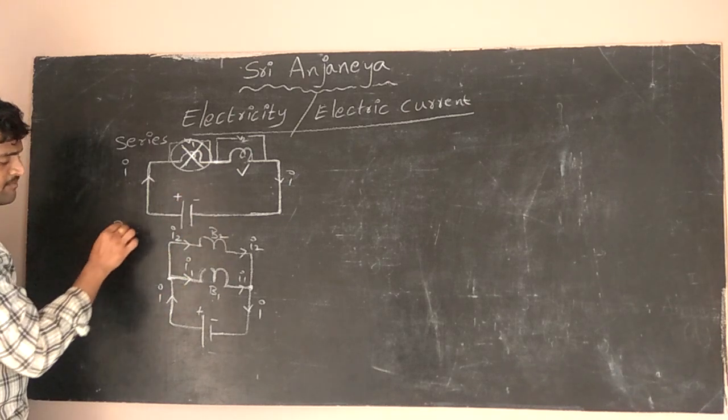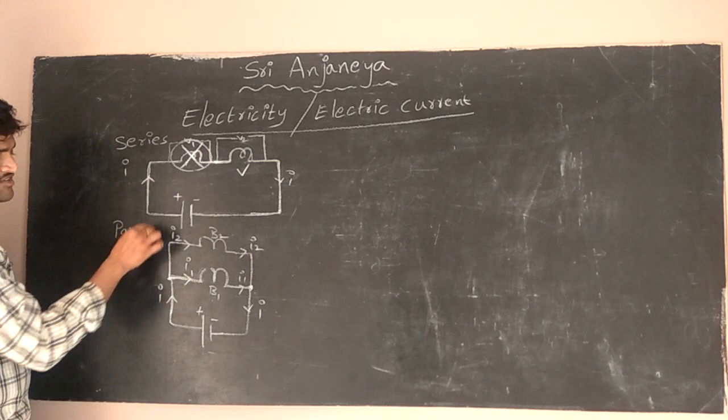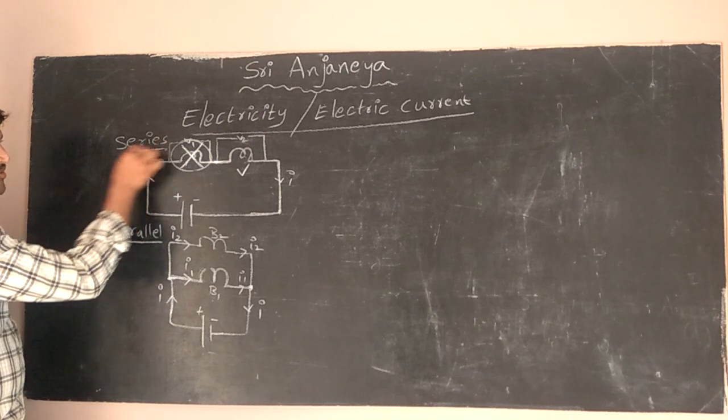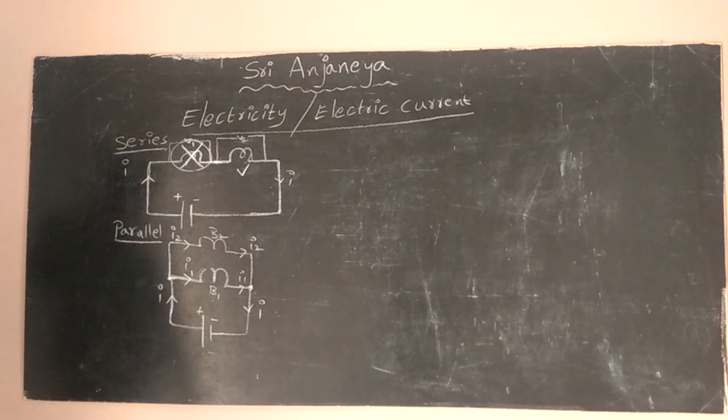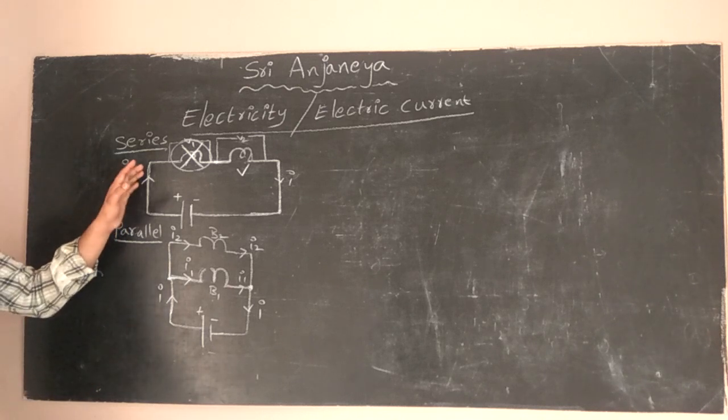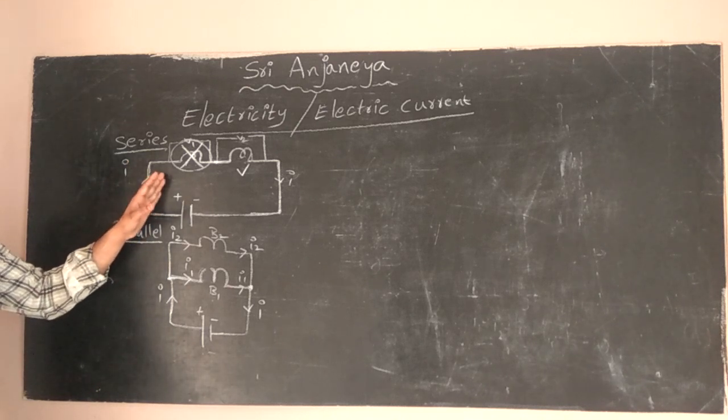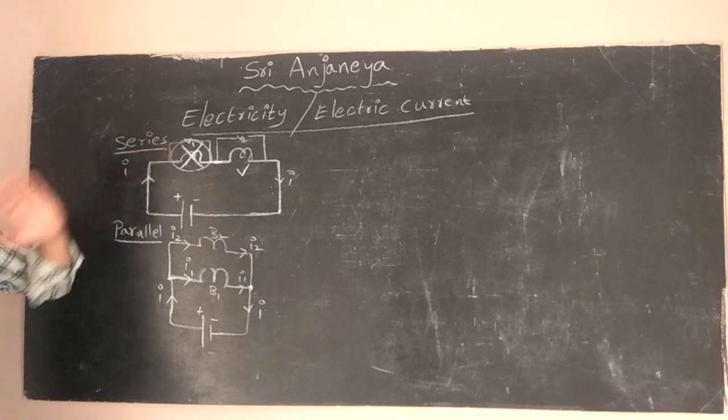Here, in the case of parallel, each can glow independently of the other one. So this is the scenario of bulbs in parallel and bulbs in series.